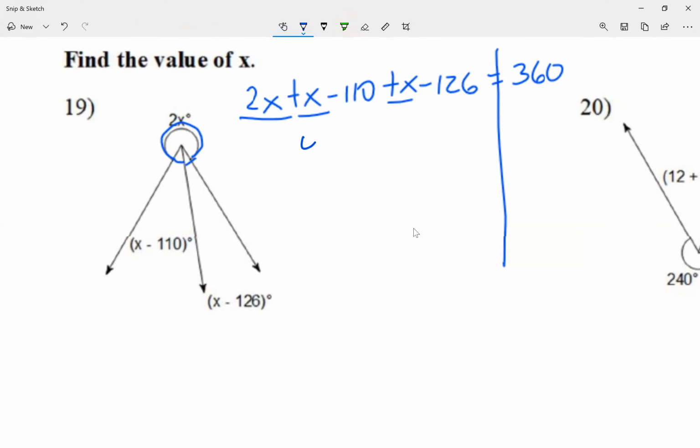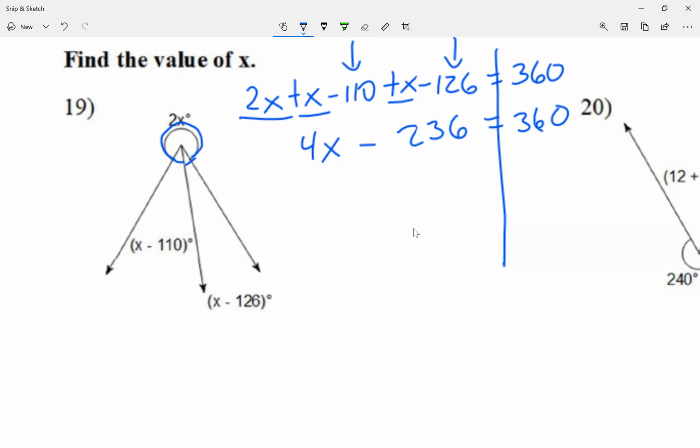I'm going to call that 4x. And then number-wise, negative 110, negative 126. I'm going to call that negative 236. And all of this is equal to 360. Okay, so I see 4x minus 236 equals 360.